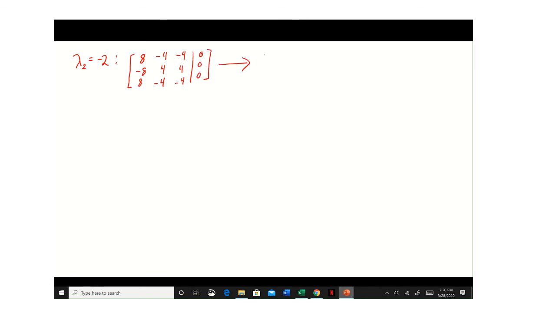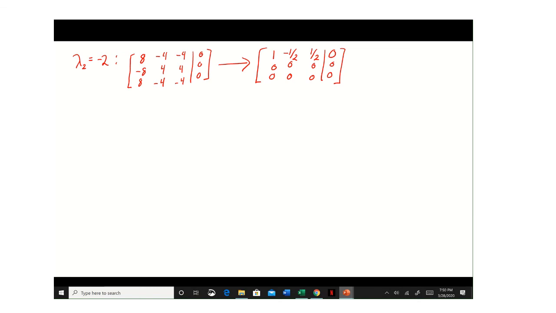Again, go through all the row reductions. As a shortcut, when we do all the row reductions, you are going to end up with 1, negative 1 half, 1 half, 0, and the other two rows are 0.